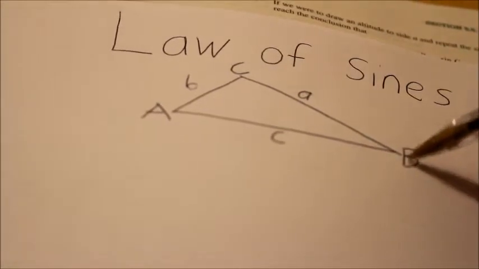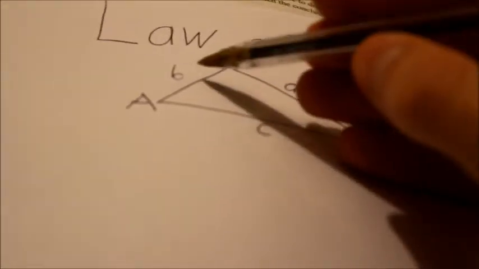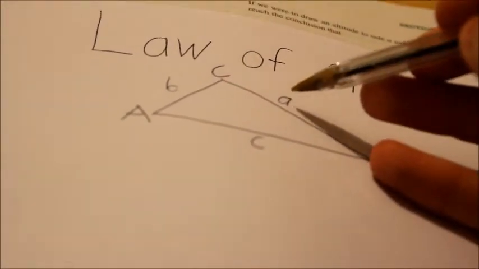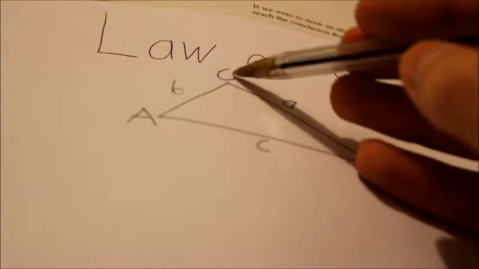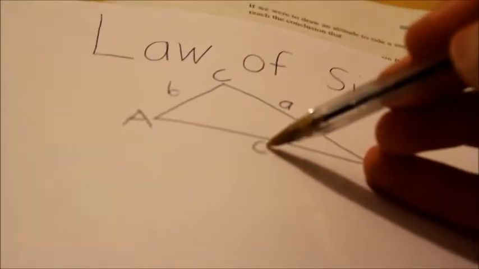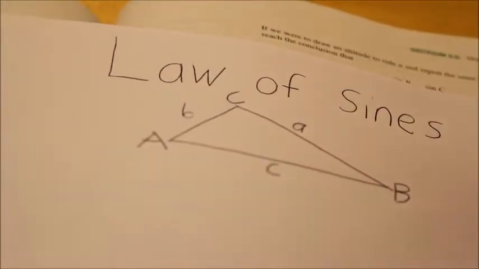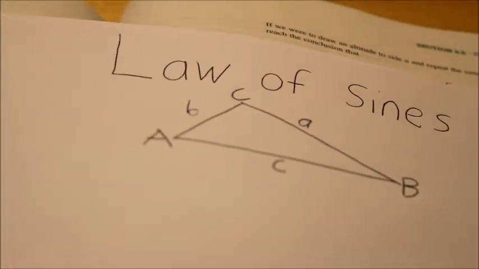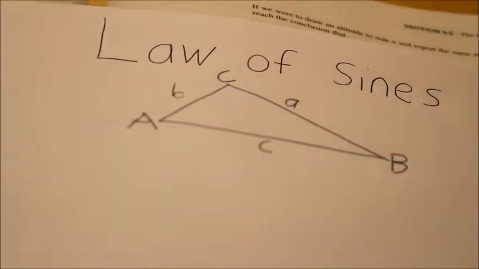So the sine of the angle B would be side little b. The sine of big A would be opposite of it, which is little a. And the sine of the angle C would be the side opposite of it, little c. It is important that we are looking at the right sides and the proper angles in order for us to use the law of sines properly.